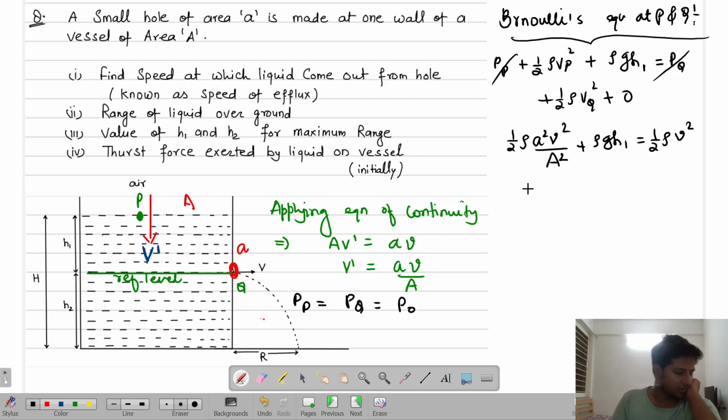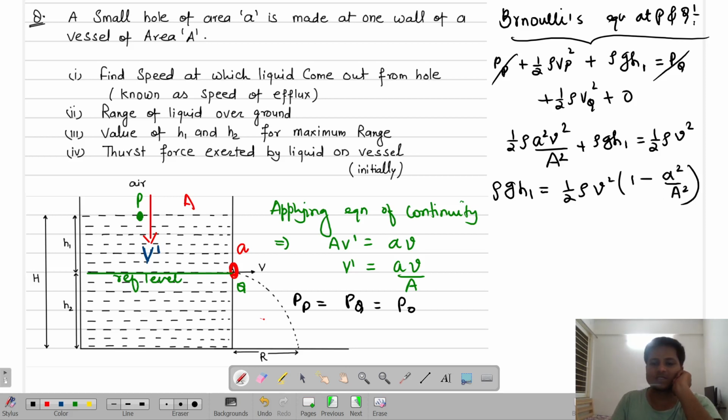So you just bring it over here, and let us take half rho v square common. This means rho g h1 is equal to half rho v square common, 1 minus a square by capital A square.